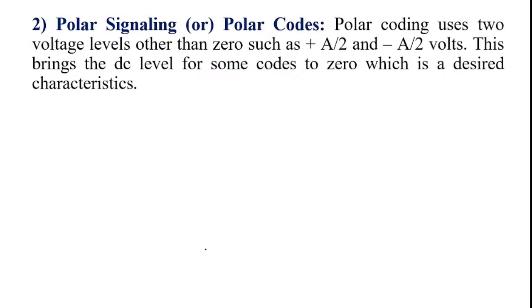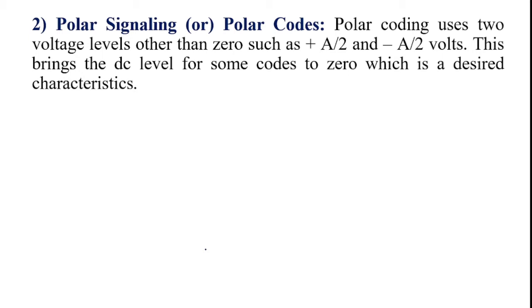And the second classification of line code is polar signaling or polar coding. What is polar signaling? Polar coding uses two voltage levels.